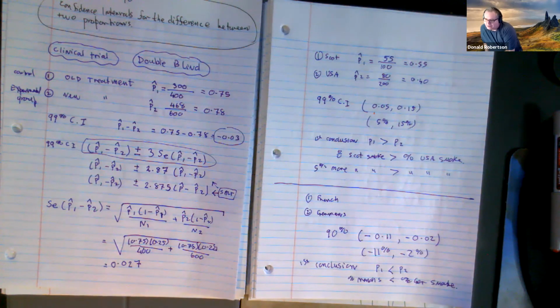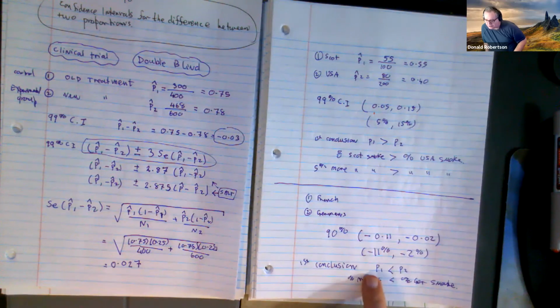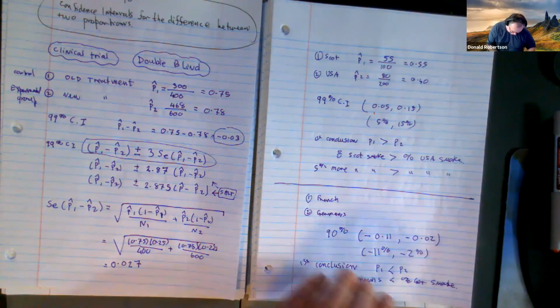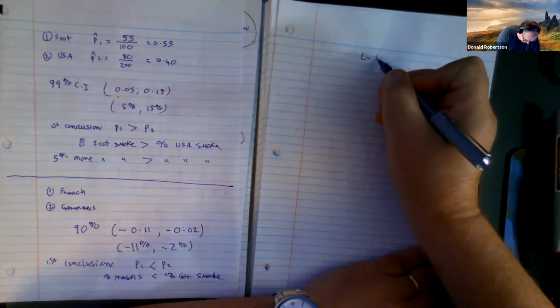Are we getting comfortable about how the interval gives us evidence about significant differences between two different populations? If they're all positive, we can say the first thing is bigger than the second. If they're all negative, we can say the first thing is less than the second. What's going to happen if we do the last situation then, where it's negative 0.11 and it's positive 0.05, right?